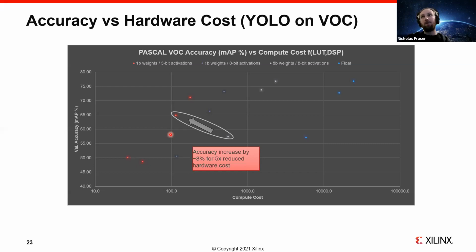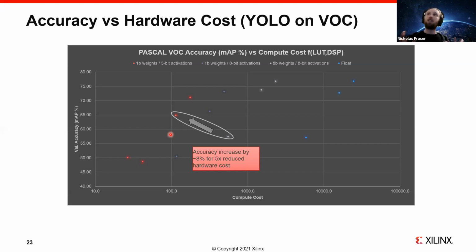So again, that means 5 times less resources on the FPGA to achieve the same performance. So this is what we think is partly interesting about reduced precision.